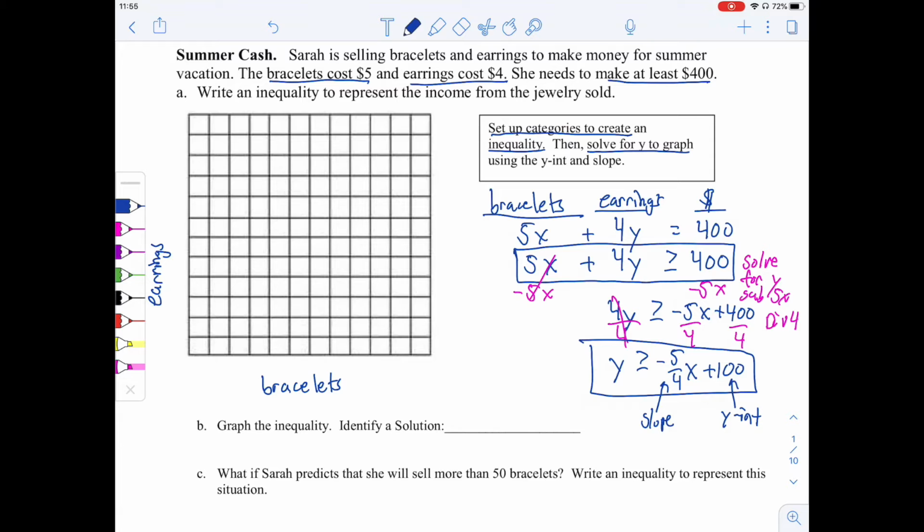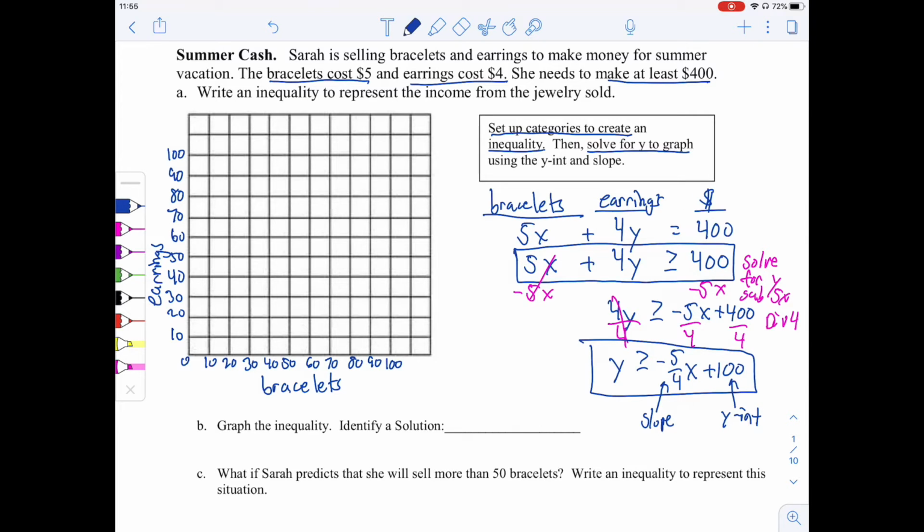We have to go up to 100 because that's our y-intercept. So let's go by 10: 10, 20, 30, 40, 50, 60, 70, 80, 90, 100. Perfect. And we can do the same thing on the bottom, up to 100.